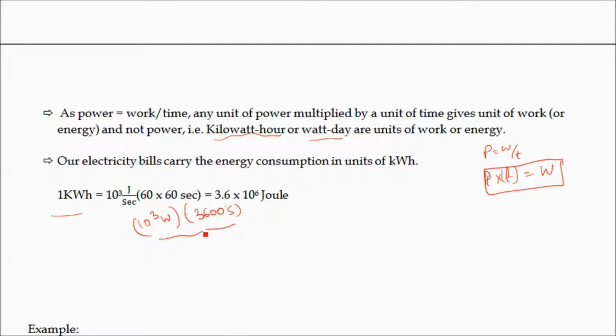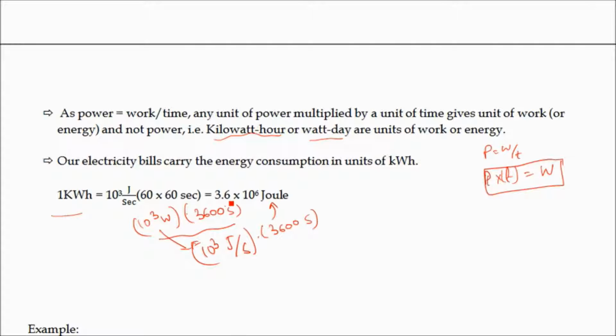So basically it's a unit of energy. If you multiply this, you will get the value 3.6 into 10 to the power 6 joule. It can also be written as 10 to the power 3 joule per second into 3600 seconds, so the unit will be joule.